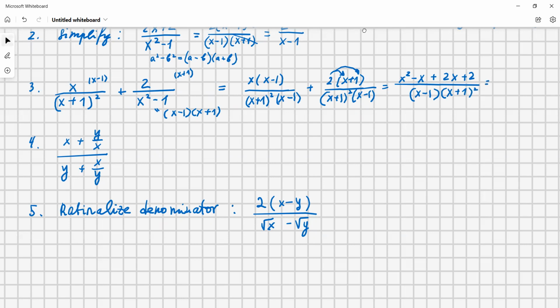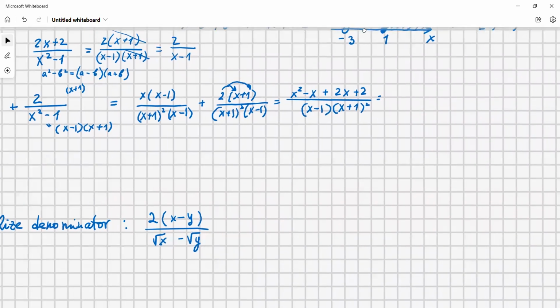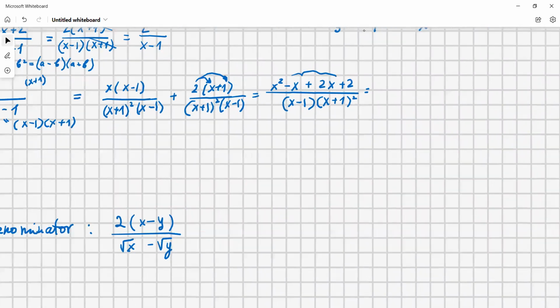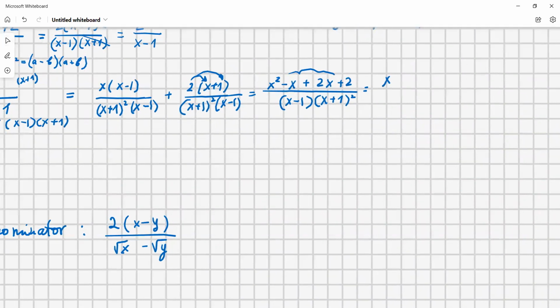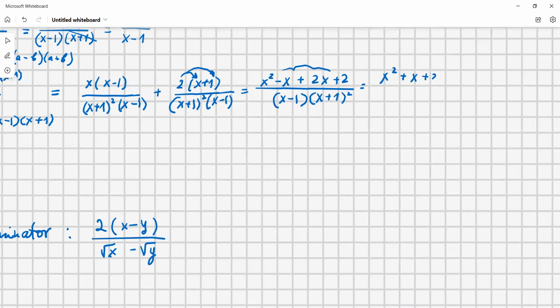Now, in numerator, I can simplify it a little bit. I'm going to add these two expressions, minus x plus 2x, and I'm going to have x squared plus x, right? 2x minus x is just x, plus 2. And I'm going to just copy the denominator, which is not going to change, and I cannot simplify it any further, I guess.